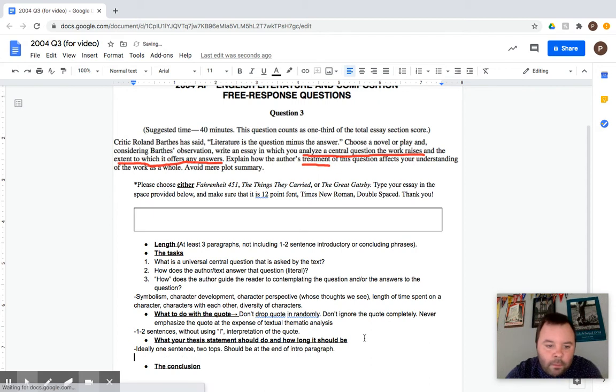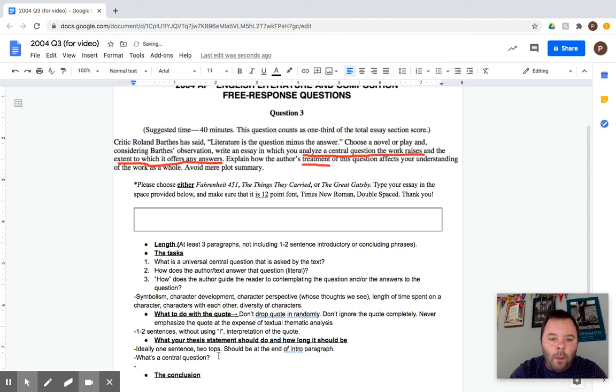And again, it should have 3 parts to it, right? Because there are 3 tasks. So it should tell me what the central question is, or a central question is probably a better way to put it, because for most of these there are multiple thematic topics that you could go with.